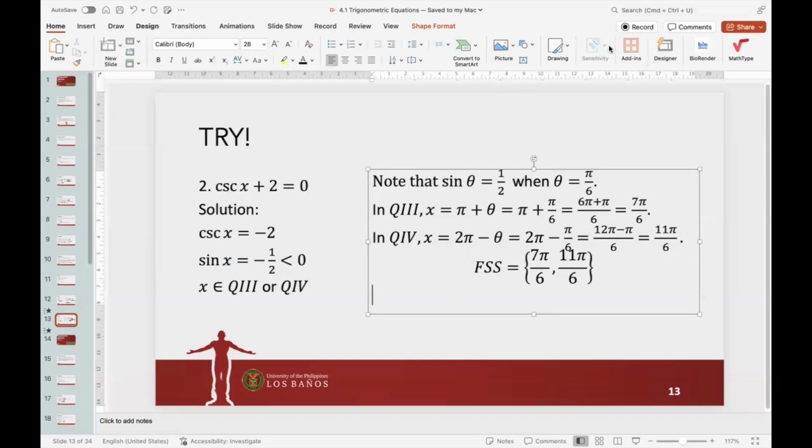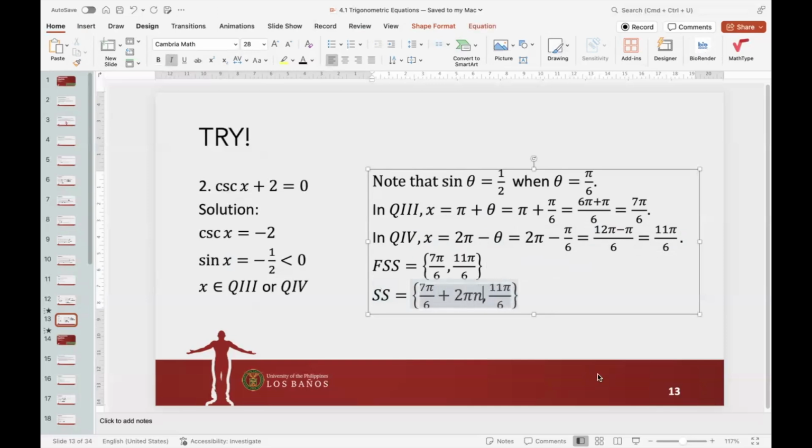And our solution set will just be the set 7 pi over 6 plus 2 pi n and 11 pi over 6 plus 2 pi n, where n is an integer. Okay? And those are the answers for the try exercises.